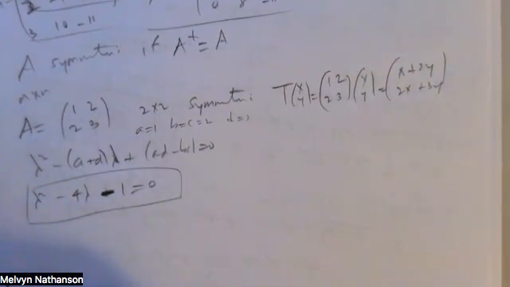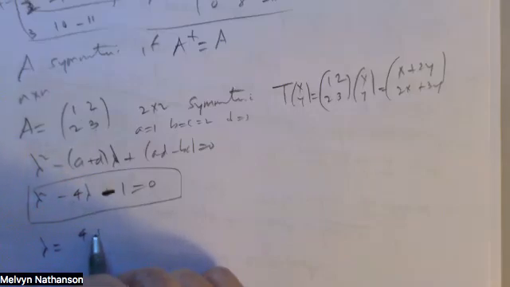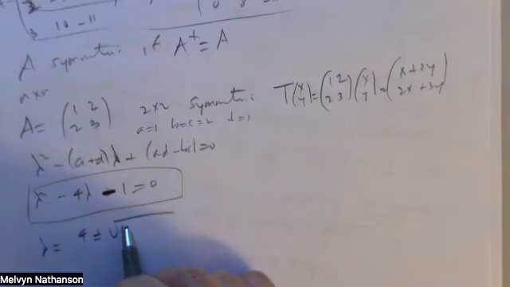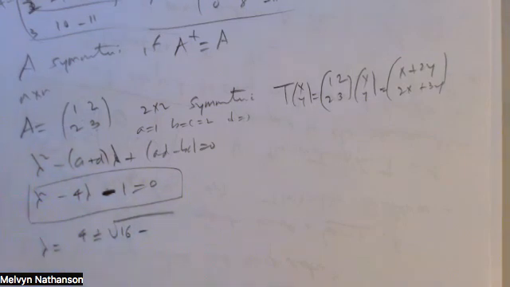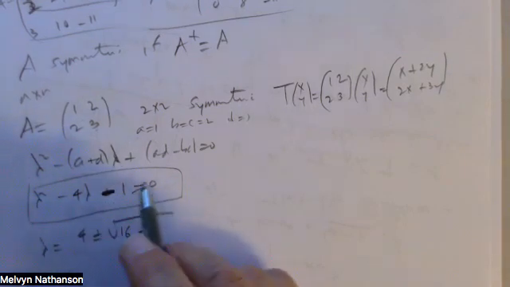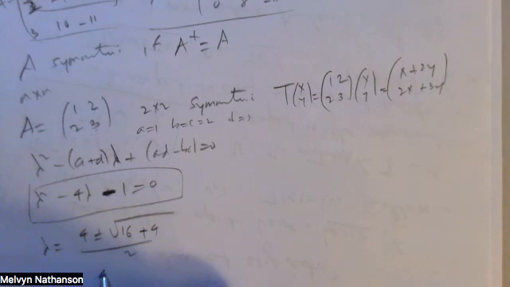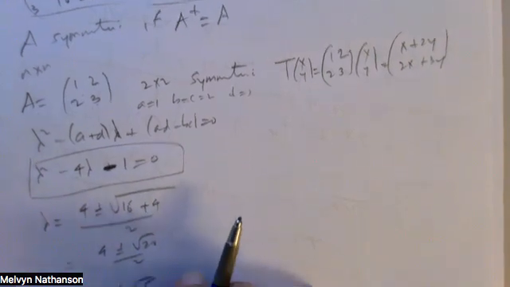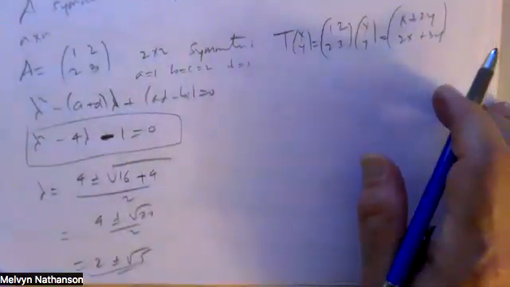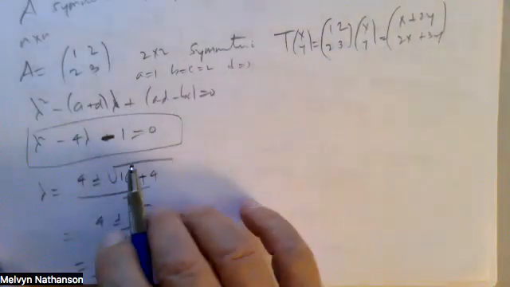That's a quadratic equation. What are the roots? Lambda is 4 plus or minus the square root of 4 squared minus 4 times minus 1, over 2. This is 4 plus or minus root 20 over 2. This is 2 plus or minus square root of 5. I assume everyone can solve a quadratic equation, or you shouldn't have gotten to linear algebra.